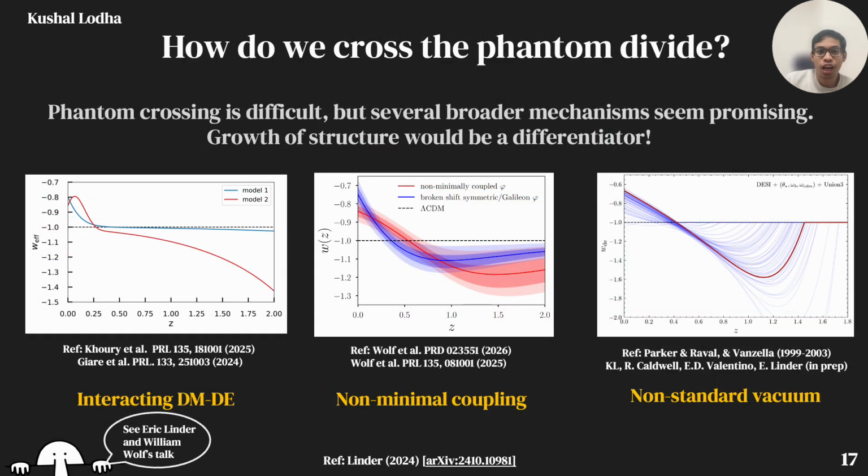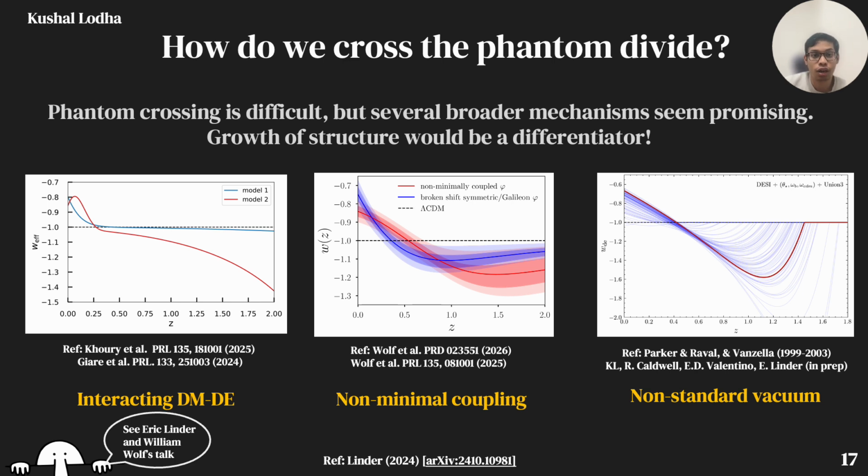So if we take the data at face value, how can we achieve such phantom crossing? Over the last couple of years, several interesting papers have shown concrete ways it can happen. Broadly speaking, we can group them into three classes, each obtained by relaxing one key assumption in the standard framework. In the first, if we relax the assumption that dark energy is not interacting with any other species, we can allow for coupling with the dark sector.